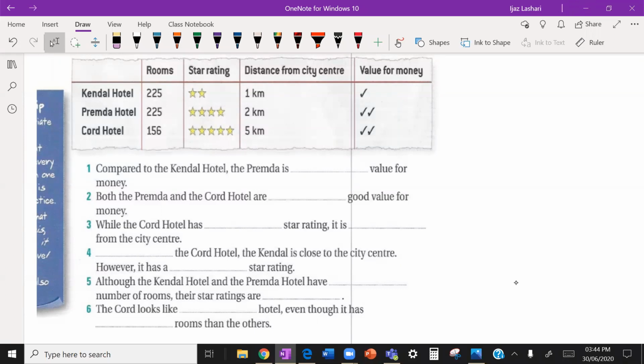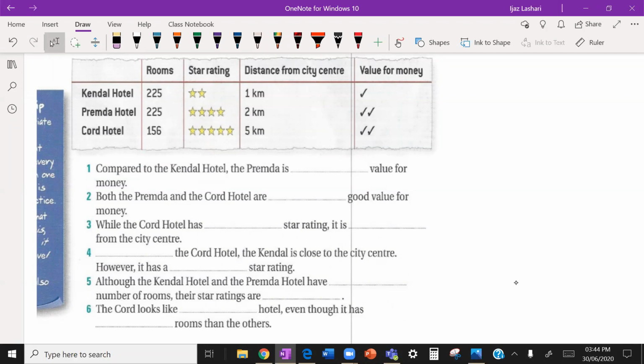Sir, I think this is about hotels that are far from a city. There is a distance between the hotel and the city that is given, and star rating is also given. The rooms in the hotel are also given, and value for money. Sir, I did not get that. Value for money, maybe it is cheap.